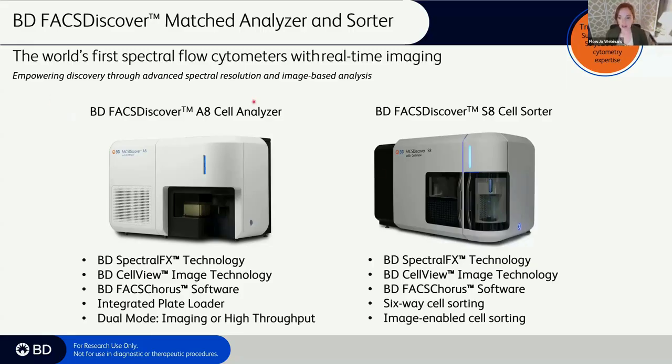So they go hand in hand, their configurations are matched, so it's easier than ever to analyze a cell type based on its fluorescent and image properties. And then, with the same detector setup and detector array, you can develop a gating strategy to then sort that population should you become interested in functional studies or some kind of sequencing application.